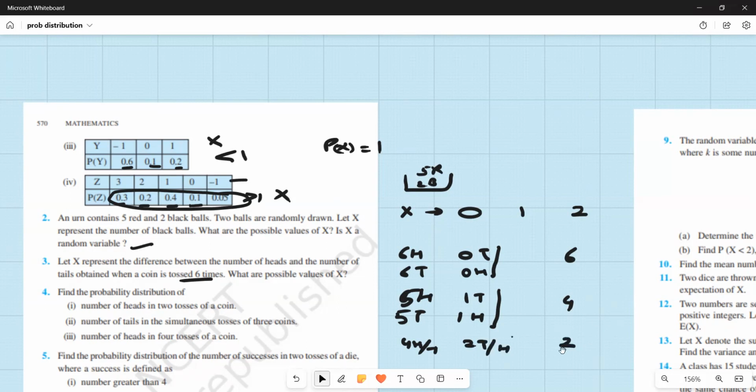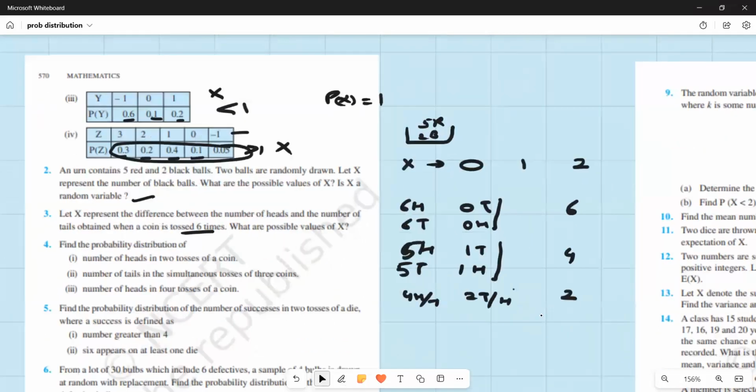And if both are 3 heads and 3 tails, then it is 0. So the random variable is 0, 2, 4, 6. Clear? This is the difference between the number of heads and the number of tails, X. So if all heads, no tail, or all tails, no head, the difference is 6 both times.